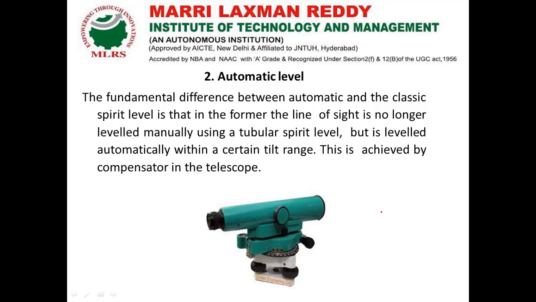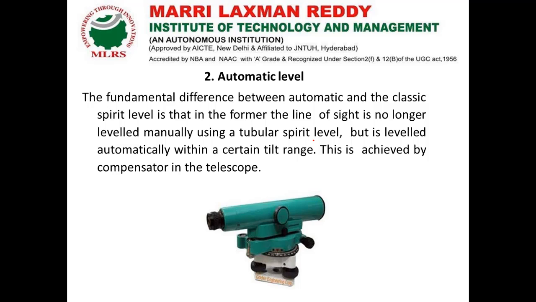In the classic instrument the line of sight is leveled manually using the tubular split level, which means we do all the adjustments manually, and the instrument does not maintain its leveling for a longer time.